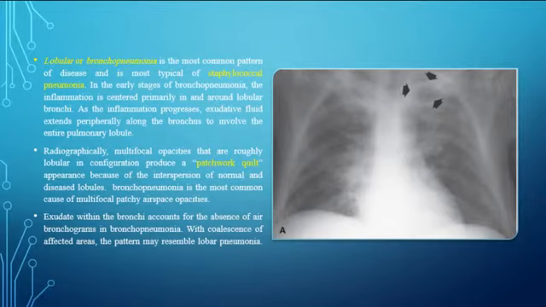Radiographically, multifocal opacities that are roughly lobular in configuration produce a patchwork quilt appearance because of the interspersion of normal and diseased lobules. Bronchopneumonia is the most common cause of multifocal patchy airspace opacities. Exudates within the bronchi account for the absence of air bronchogram in bronchopneumonia. With coalescence of affected areas, the pattern may resemble lobar pneumonia. So in lobular pneumonia, we have patches and no air bronchogram.